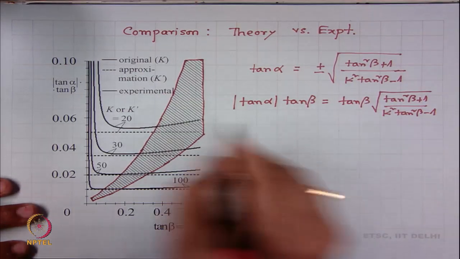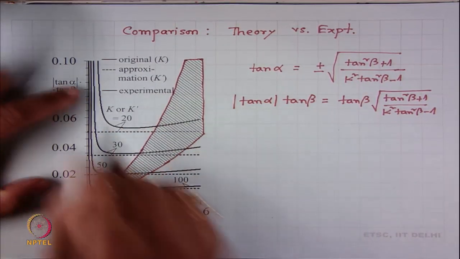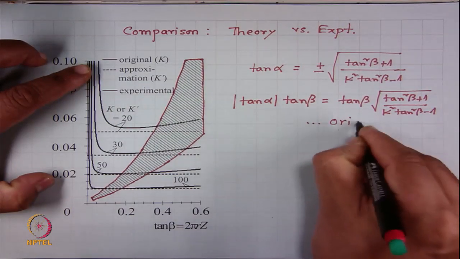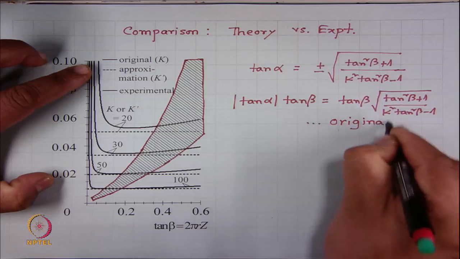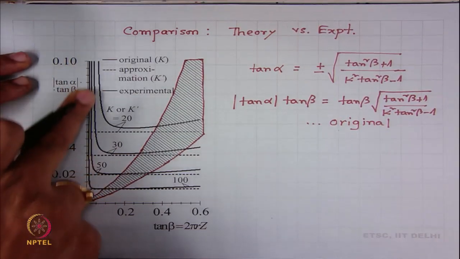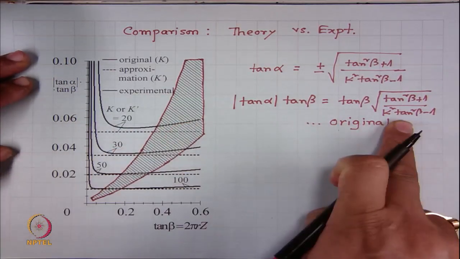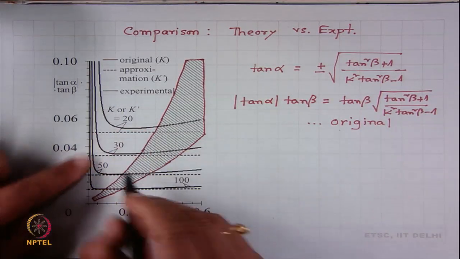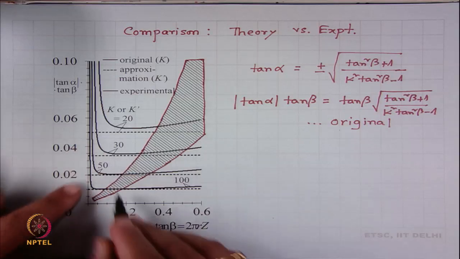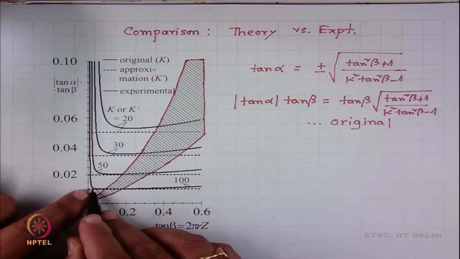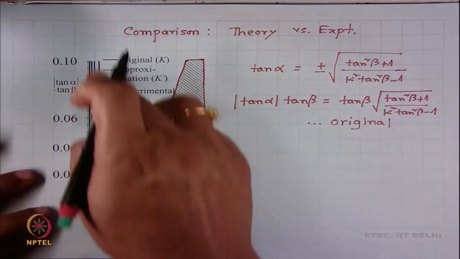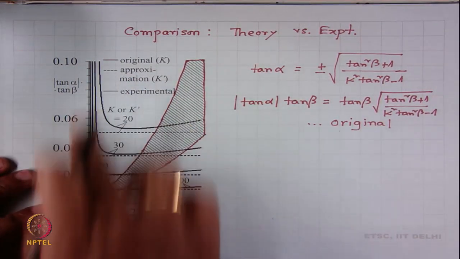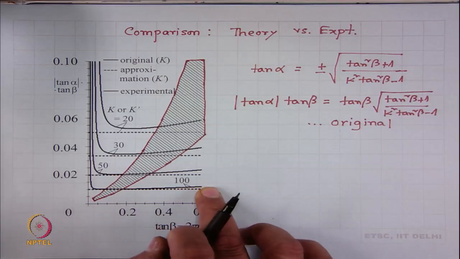So, the thick line denotes this original expression for different values of k: k is equal to 20 this curve, k is equal to 30 this curve, k is equal to 50 this curve, and k is equal to 100 this curve. So, it is decreasing then increasing; this is the original.